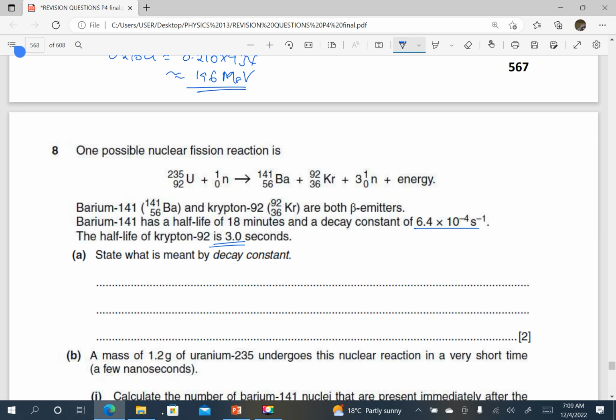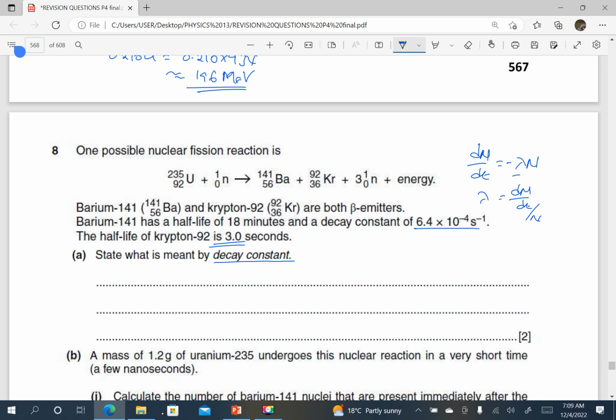State what is meant by decay constant. Remember, we saw that the activity dN by dt was equal to negative lambda times N, where lambda is the decay constant, so lambda equals dN by dt divided by N. The dN is the number of nuclei which have decayed, and N is the number of nuclei present.